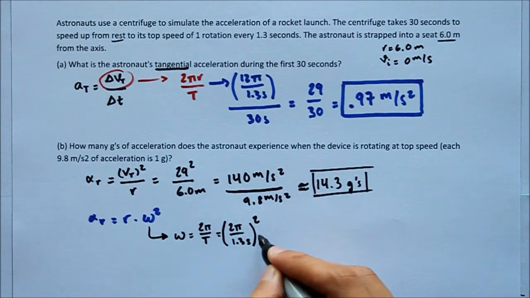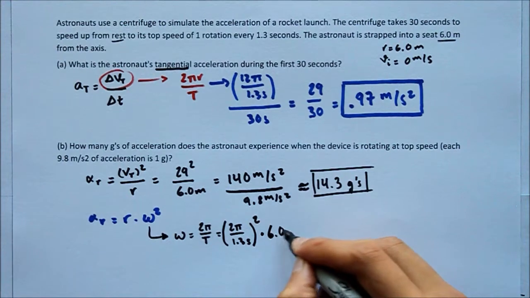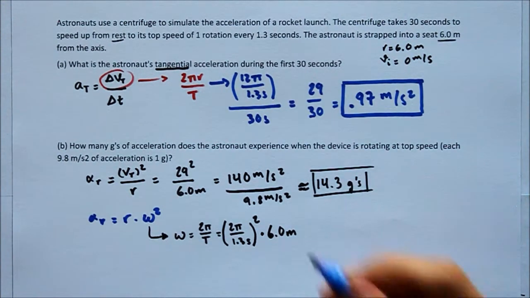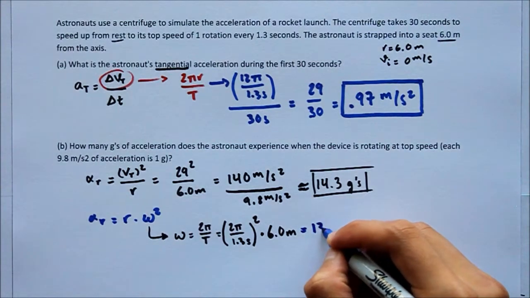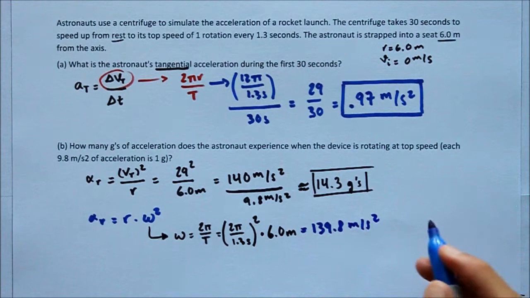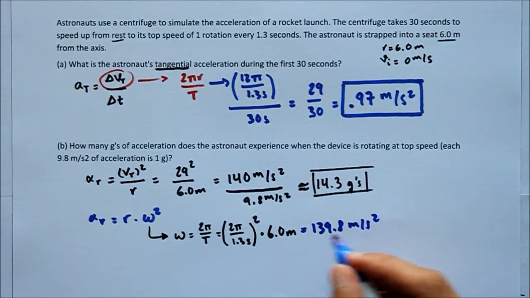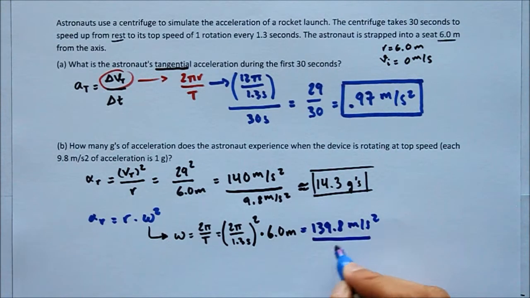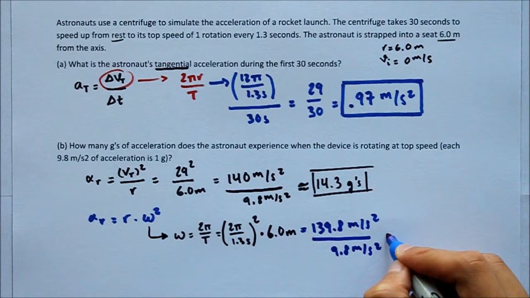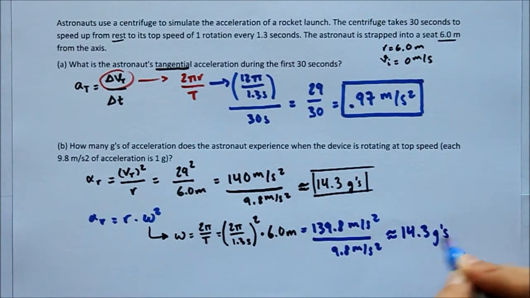So omega squared multiplied by our radius, which is 6.0 meters, and that will give us a final answer of approximately 139.8 meters per second squared. And once again, we're solving in terms of g, not just our rotational acceleration, so we're going to divide that by 9.8 meters per second squared, and you're going to get approximately 14.3 g's.